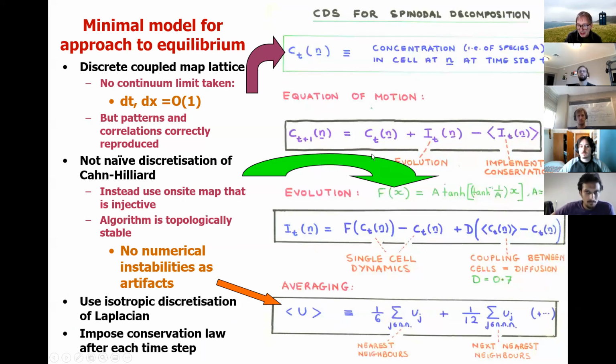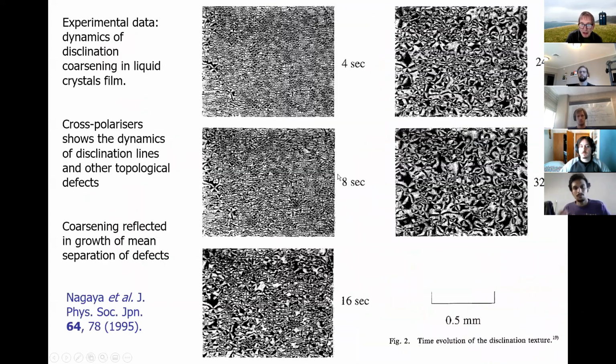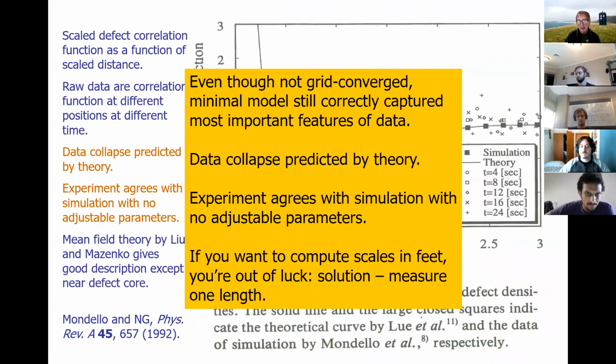The only difference is that in the code that we ran, the order parameter was a complex number rather than a scalar. So what we've learned is that making a discrete model on a lattice, without doing anything to do with grid convergence or all the things that you would learn about in a numerical analysis course, at least a conventional one, you find that you still, with a minimal model, correctly capture all of the features of the data collapse, with scaling laws, no adjustable parameters.